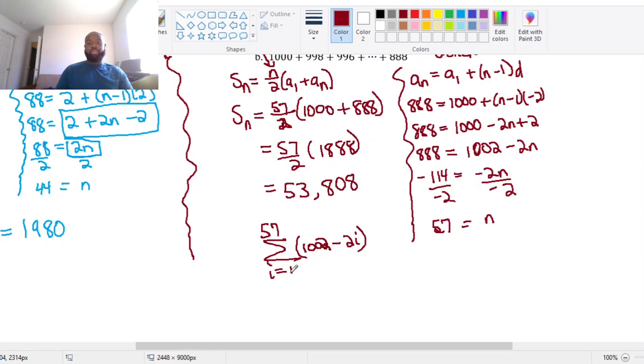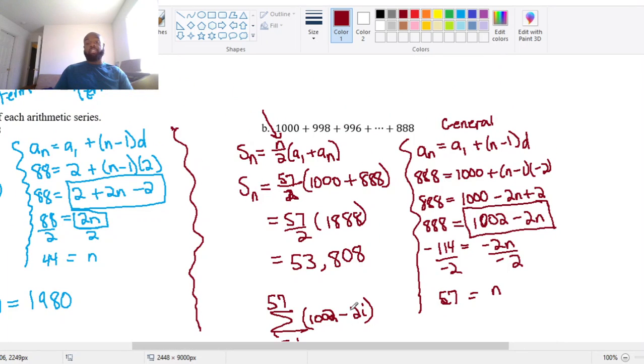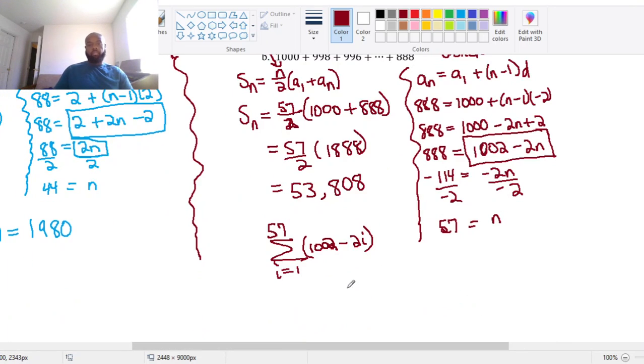If I plug in i equals 2, I get 1002 minus 4, which is 998, and so on and so forth. So this gives me my general term in my sequence. We'll use these sums and series, and this is what S of n equals, that 53,808, if we wanted to write it in shorthand notation.